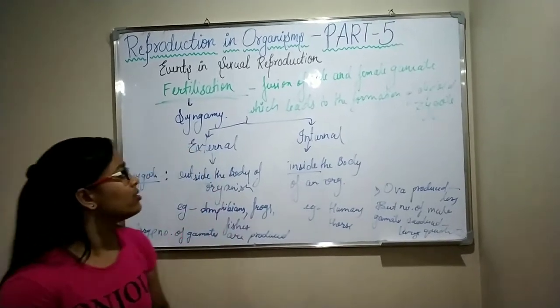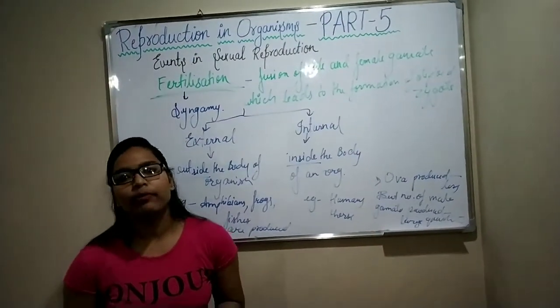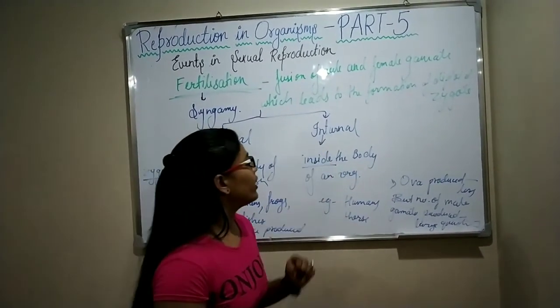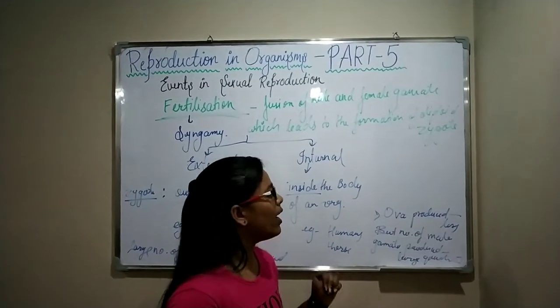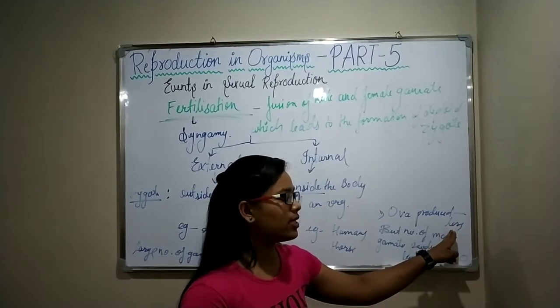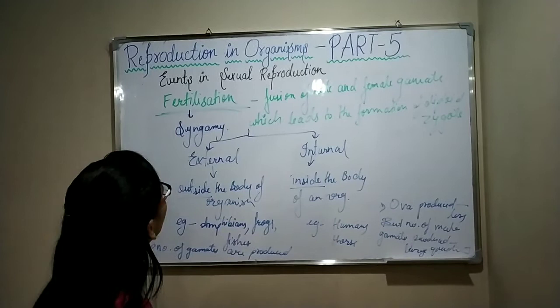I repeat, in external fertilization, a large number of gametes are produced, whether male or female. In internal fertilization, a large number of gametes are produced only in the male, but in the female, fewer ova are produced.